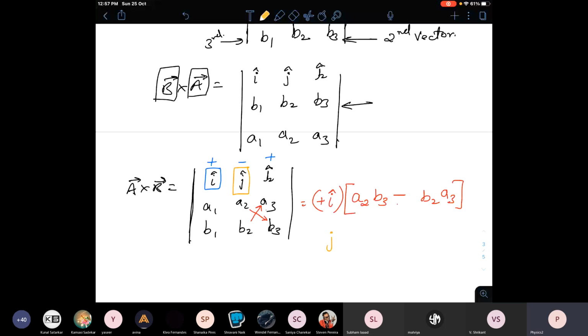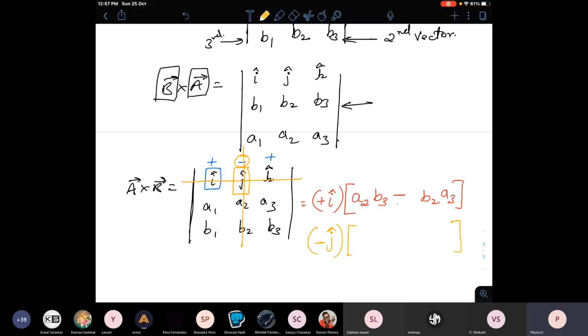Now the term which is required, the coefficient of J cap, how to calculate that? Again, eliminate the row and column containing J cap. Now you are left with A1, A3, B1, B3.